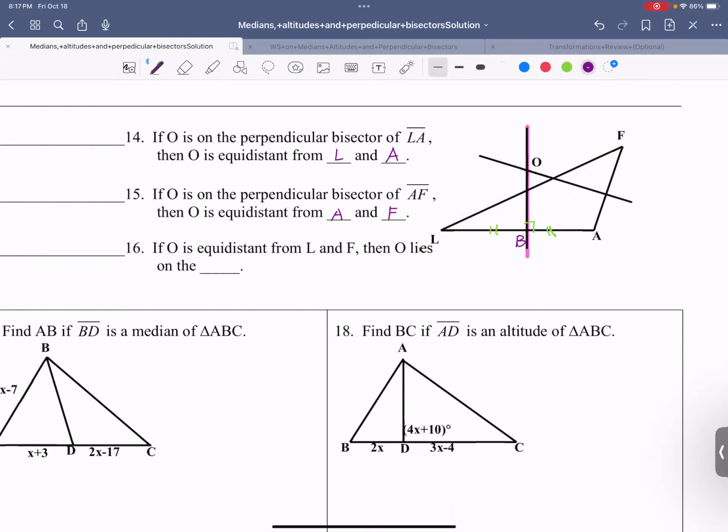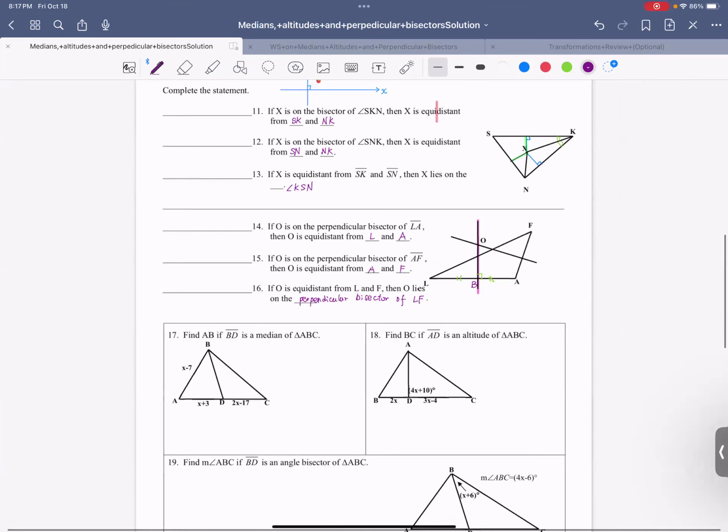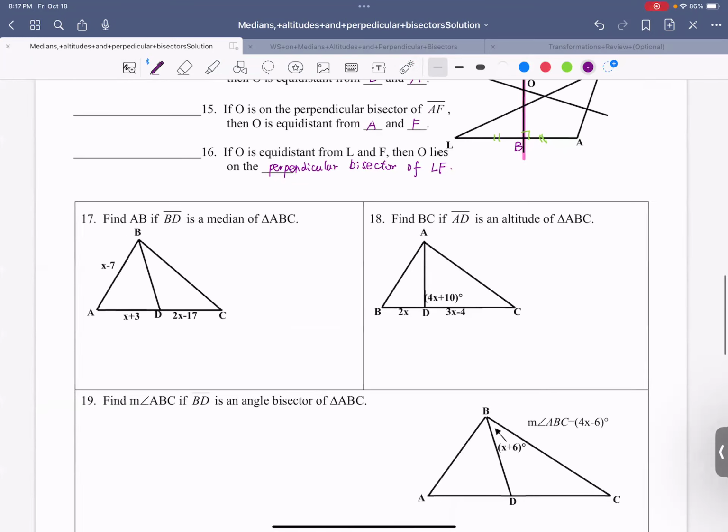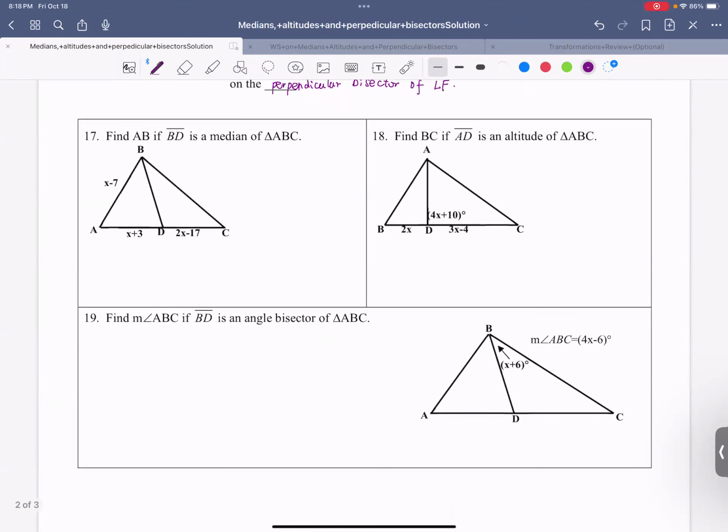Yes. Excellent. O lies on the perpendicular bisector of LF. Okay? Very nice job. You get every part by yourself perfectly. Next one.